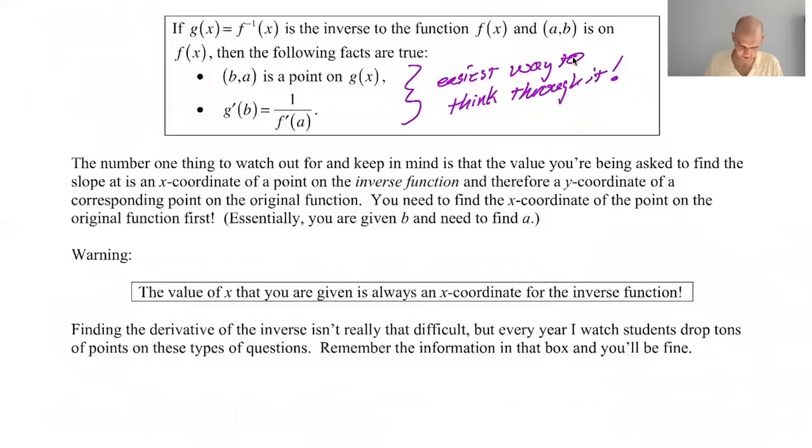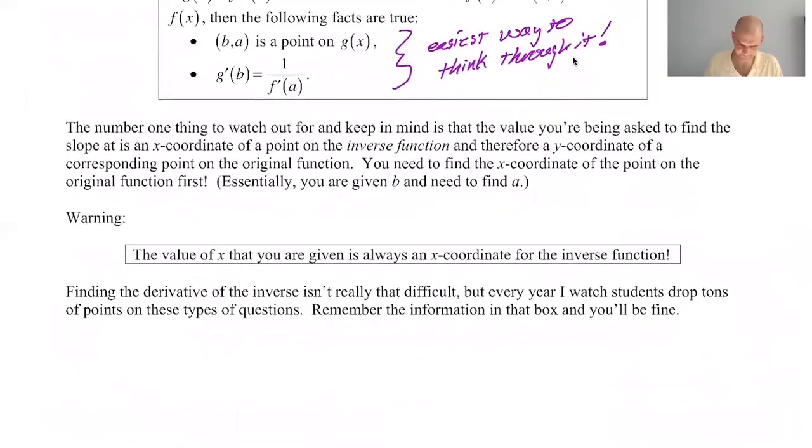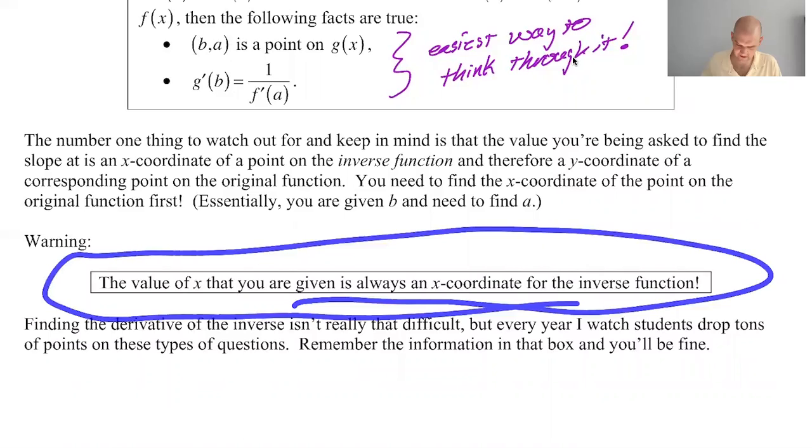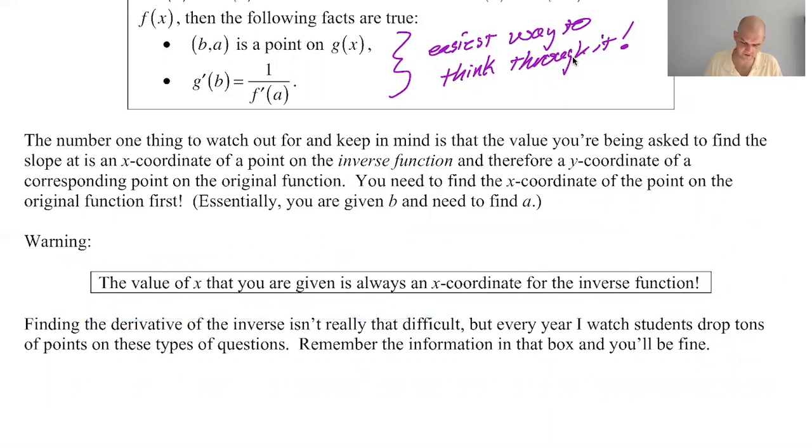The hardest part of these types of questions, I think, is that the question is going to give you an x value. It'll say, find g prime of, or find the slope of f inverse at x equals 12. The thing you have to know is that the x value you're given is always an x coordinate for the inverse, 100% of the time.